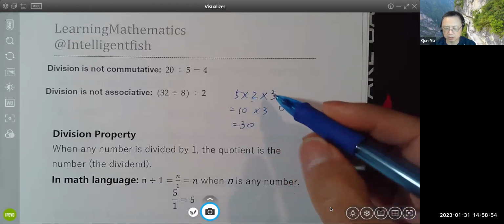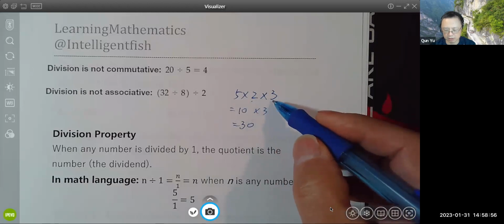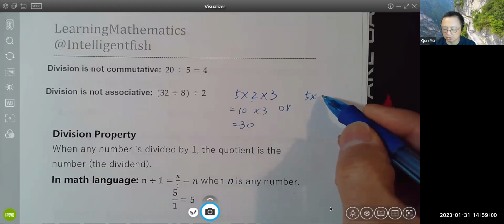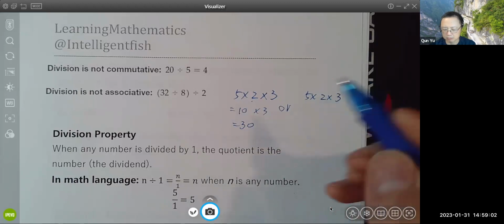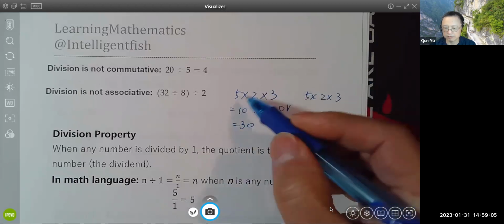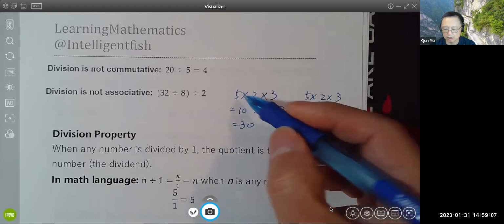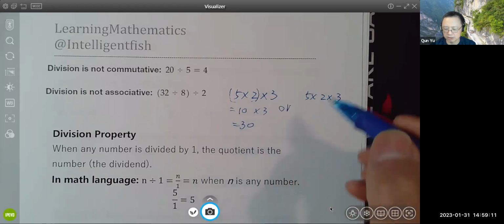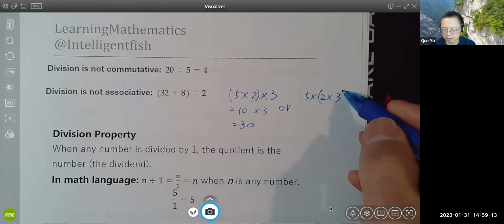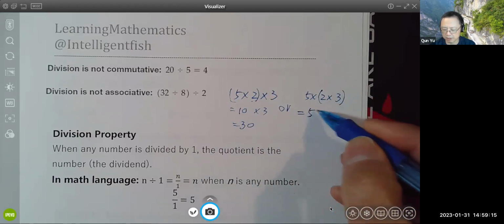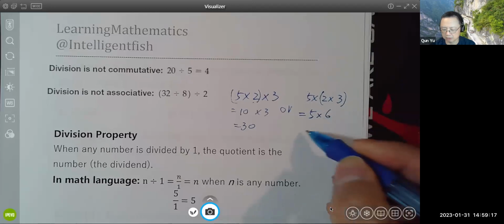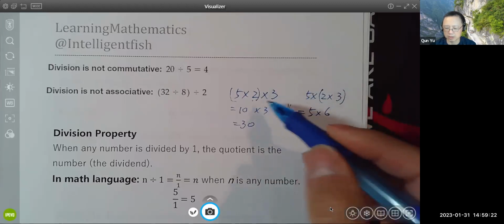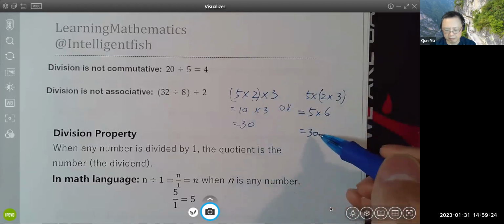In other words, we can do the second operation first and then do the first one. The way we indicate we do the first operation first is by using parentheses. And if we do the second operation first, it goes like this: 5 times 6. You still get 30. See, it doesn't matter which operation you do first, the result is the same.